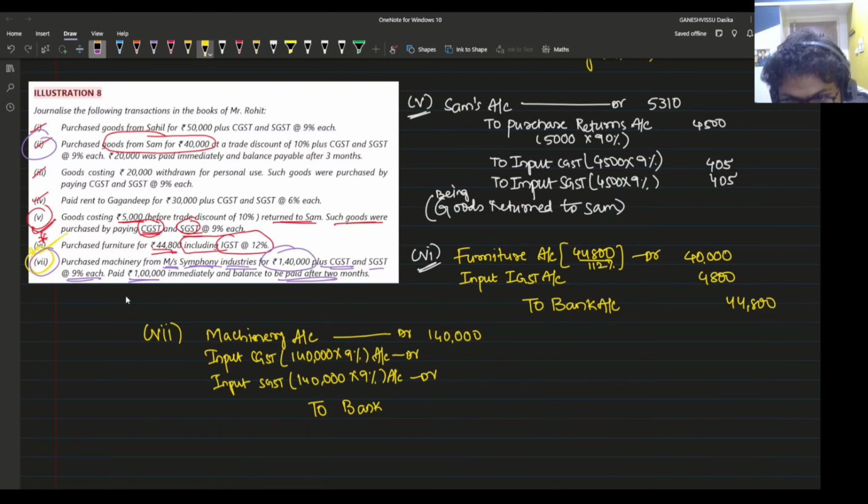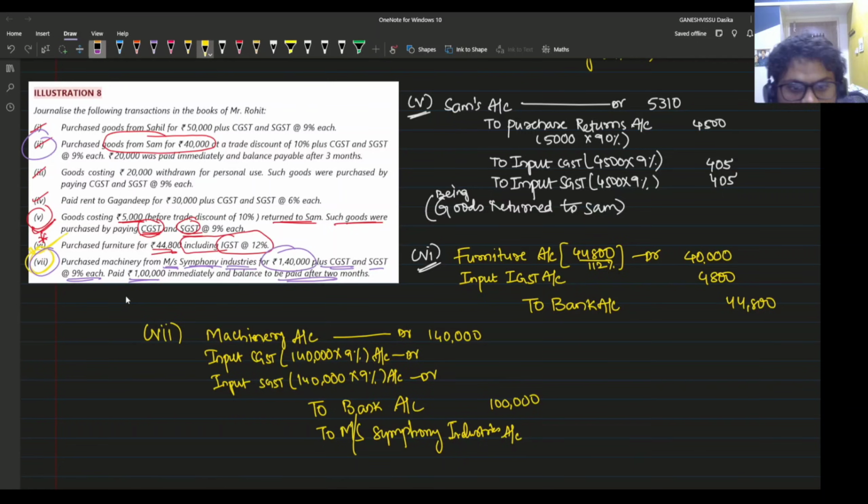Why bank account? Because he is paying part of the amount, 1 lakh rupees, and the remaining amount he is still liable to Mr. Symphony Industries.